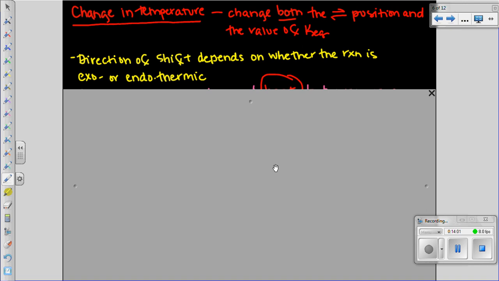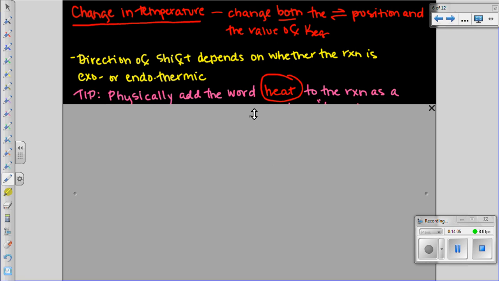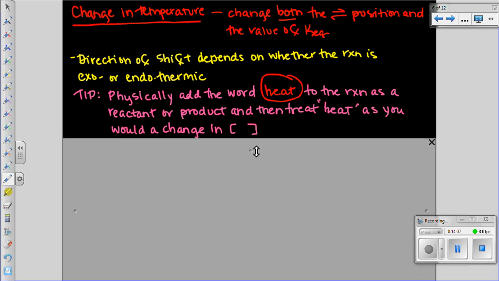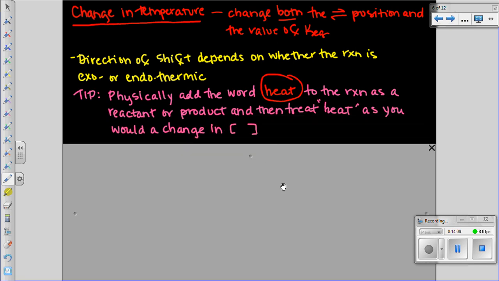And so rather than having you memorize a particular pattern, we are going to ask you to physically add the word heat to the reaction as a reactant or a product, and then to treat heat as you would a change in concentration.